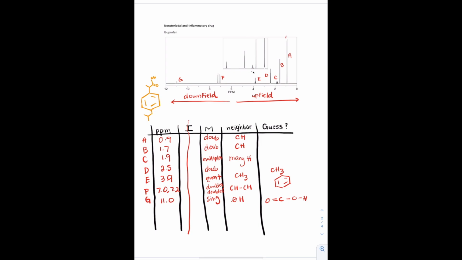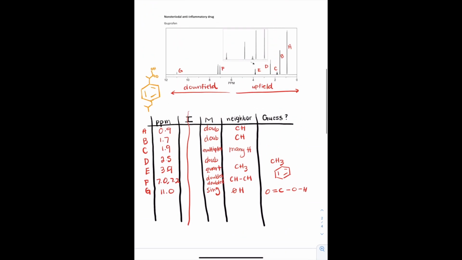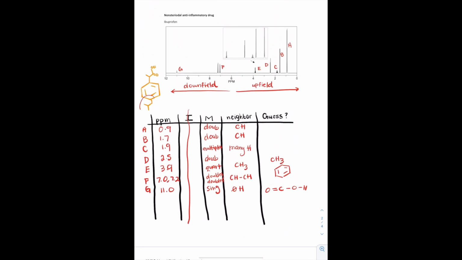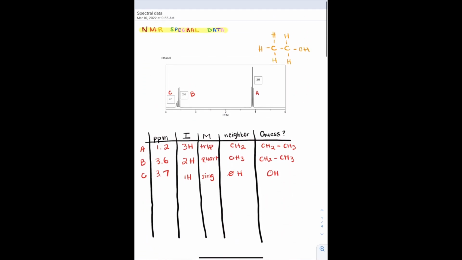And this signal is also relatively high on the proton NMR for this molecule. So we're going to go ahead and say that is probably this isopropyl group right here, and that can be checked by 0.9 being precisely right here where the alkane category is.